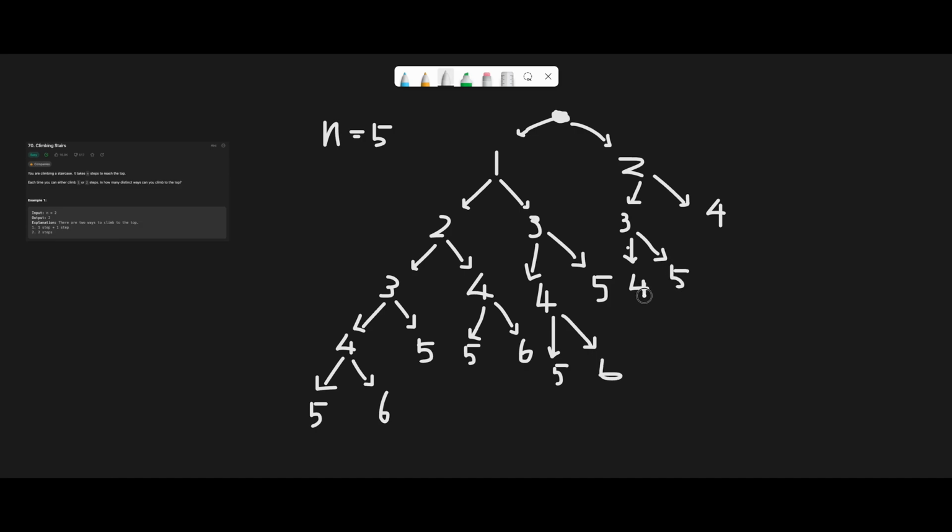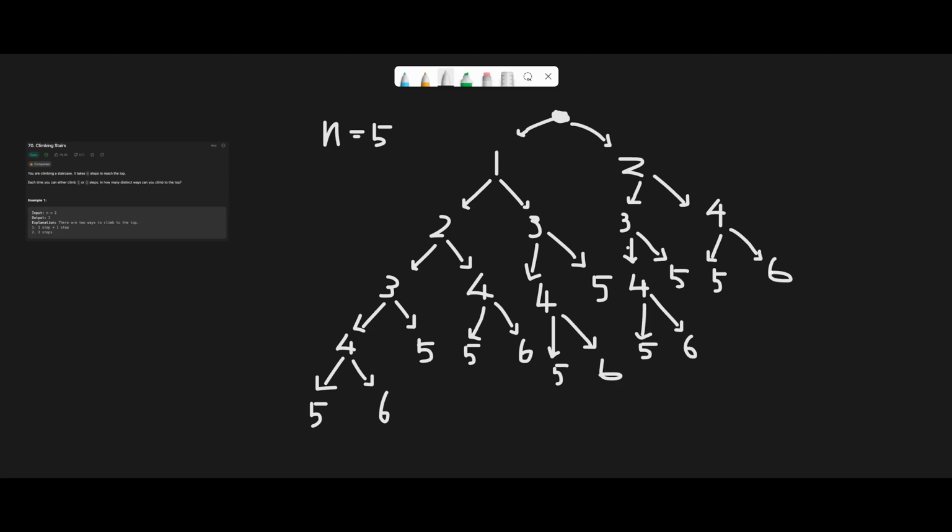And again, take a 1 step, 5, and 6. Then let's think of it here, and take a 1 step, 5, and take 2 steps, 6. So the tree is something like that.